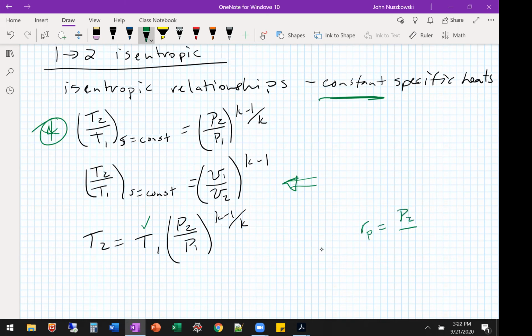If we wanted to solve for the pressure ratio, it's P2 over P1, which is 2,000 divided by 100, so it'd be 20. But if we already know P1 and P2, we don't have to solve for the pressure ratio directly. Some of these problems, that's all they'll give you, and not the actual pressures at states 1, 2, 3, 4.